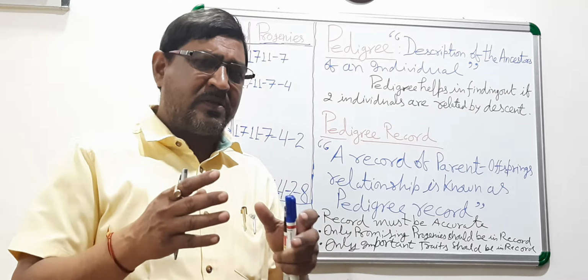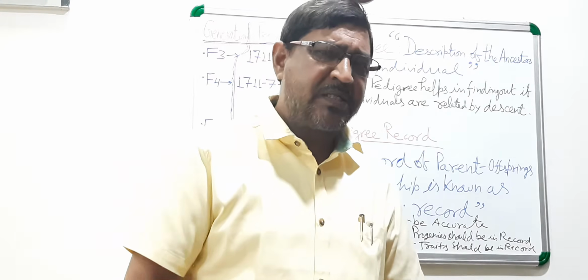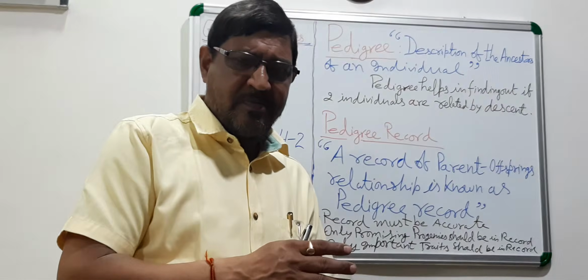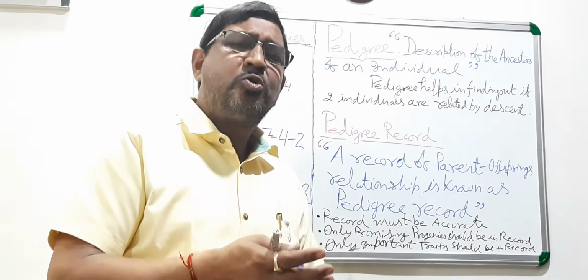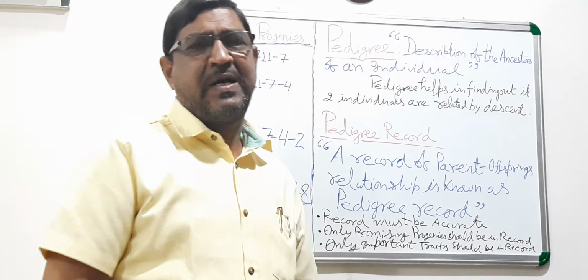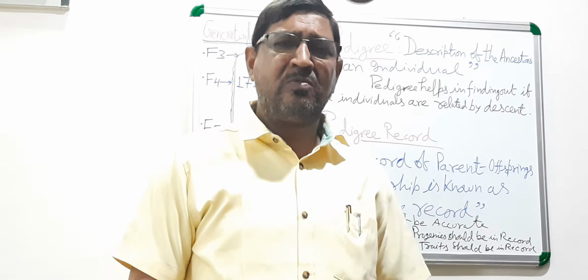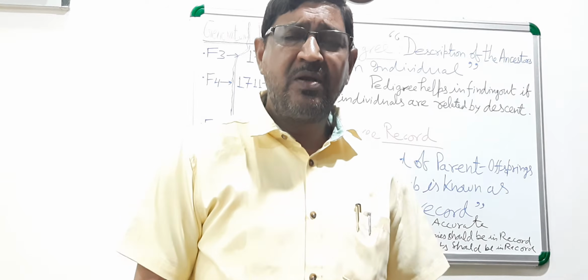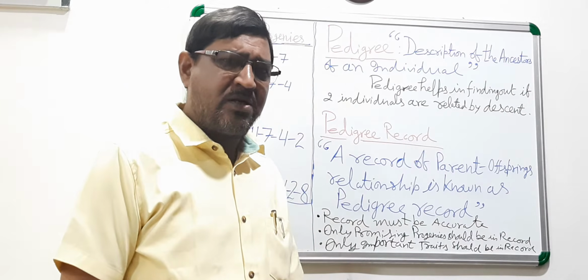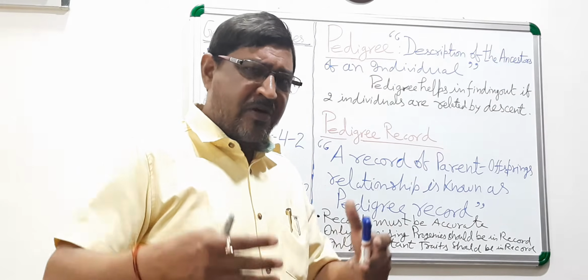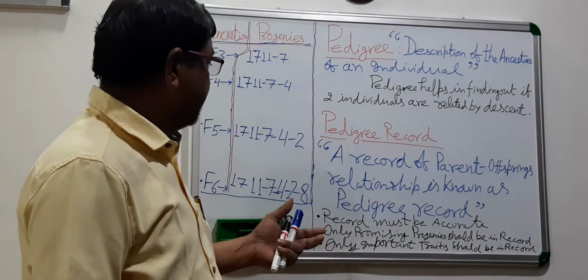Whatever you see as promising offsprings, those progenies should be put in your pedigree record. Otherwise, your pedigree record will be very voluminous, so you should try to avoid that. You should reject the maximum, and only the desirable ones should be put in your pedigree record.